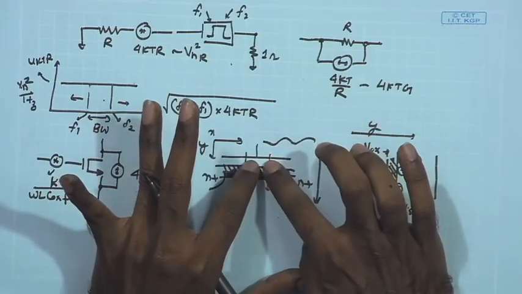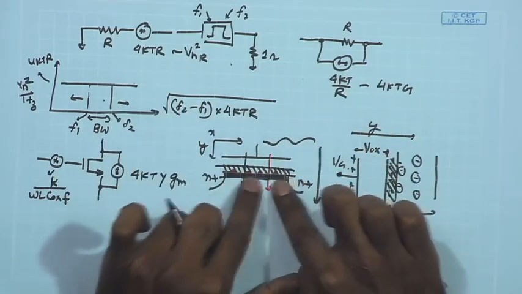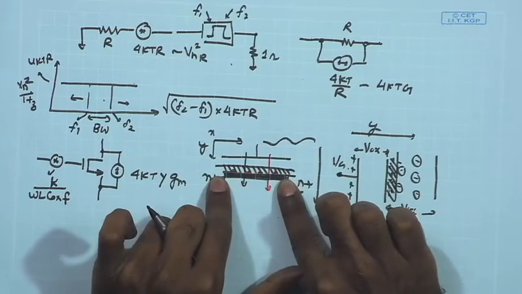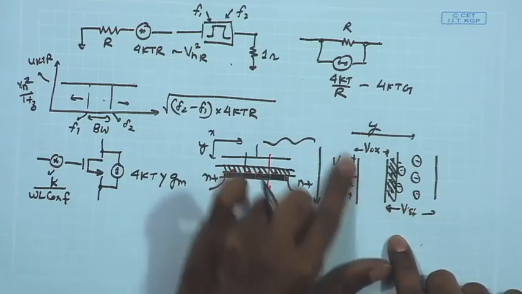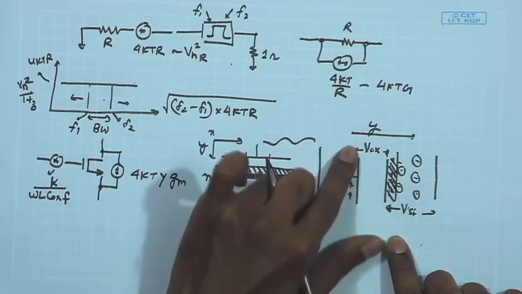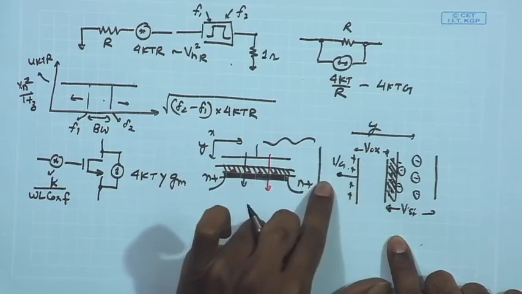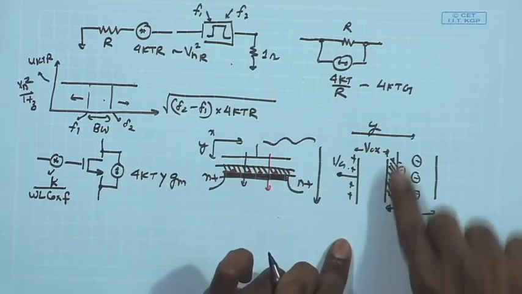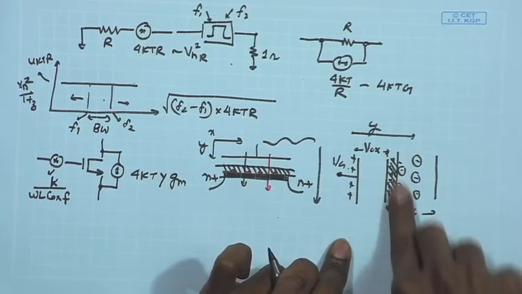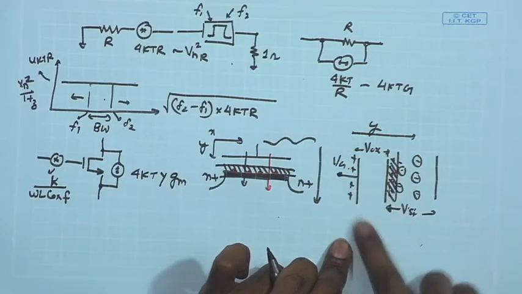We are putting more charges on the gate. To balance that, you need more negative charges in the silicon. Likewise, when more positive charges accumulate on the gate because of increasing gate voltage, you attract more negative charges to balance the electric field produced.